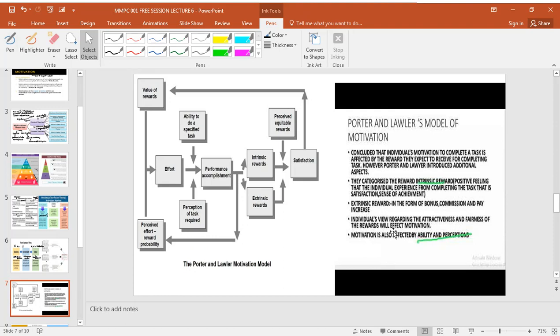Okay, so from this graph, it is clear that the value of the reward matters. People are putting their effort, and they have the ability to do a specific task, and they are doing it. So then they are putting the effort into performance. So effort to performance, which term is that, as we already discussed in Vroom's theory? Effort to performance is coming under expectancy.